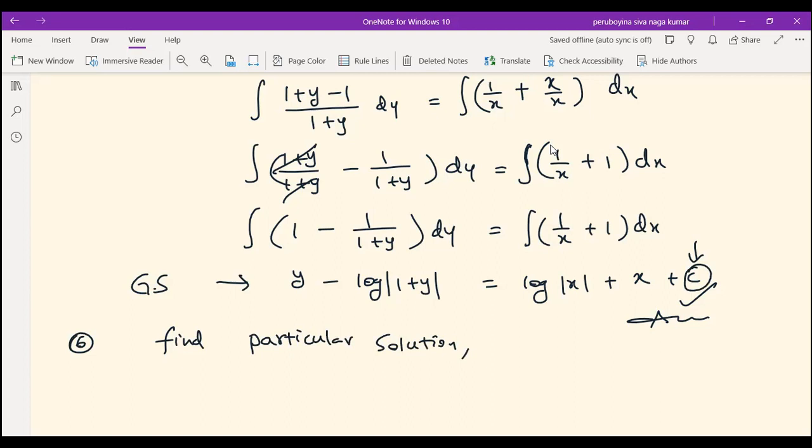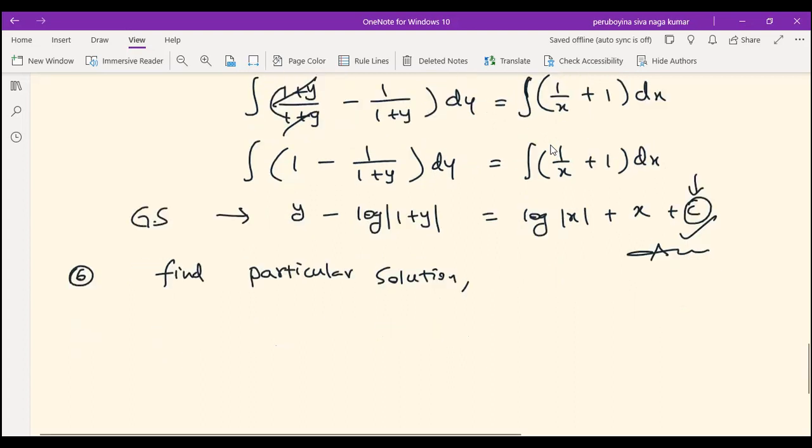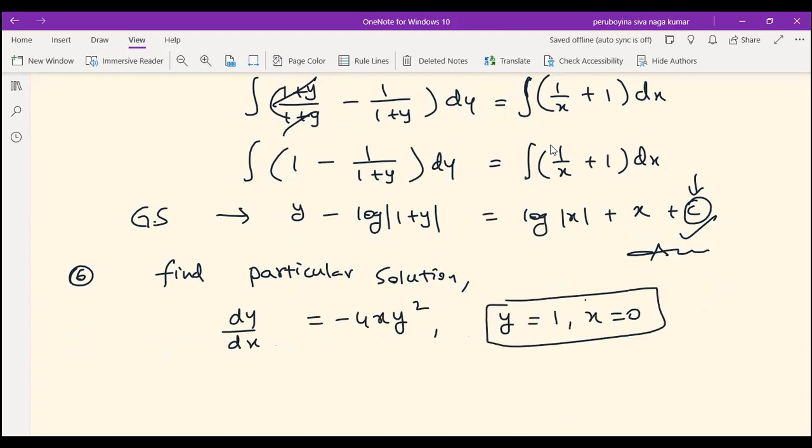Look at how it looks: particular solution for the DE, differential equation, dy by dx is equal to minus 4xy squared, where y is equal to 1 and x is equal to 0. We will use these values, x value 0 and y value 1, and substitute them to get the value of C. After getting C, we will replace C with the particular number. That is what is called particular solution.